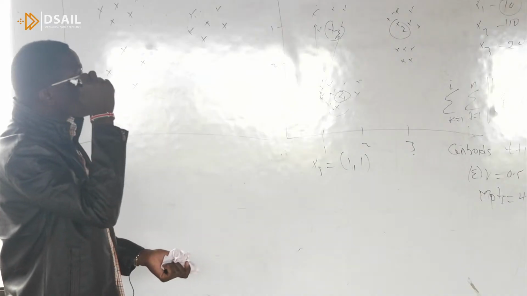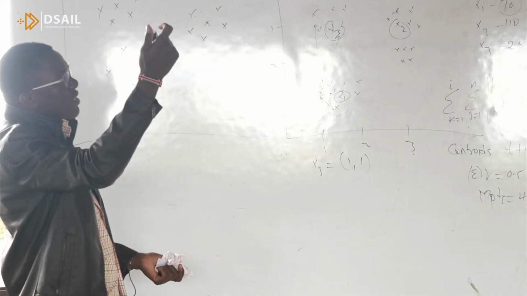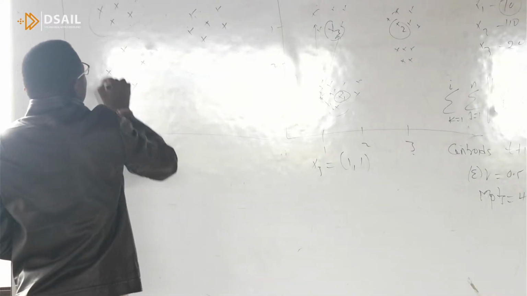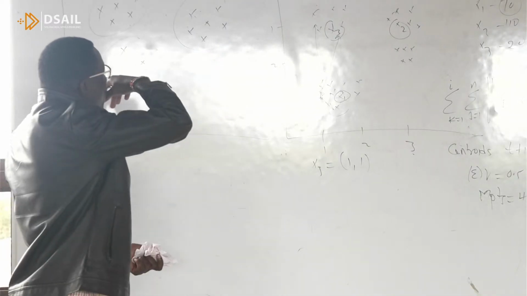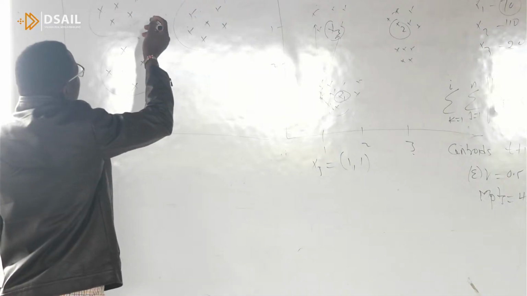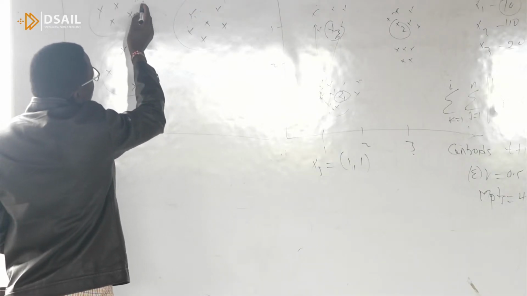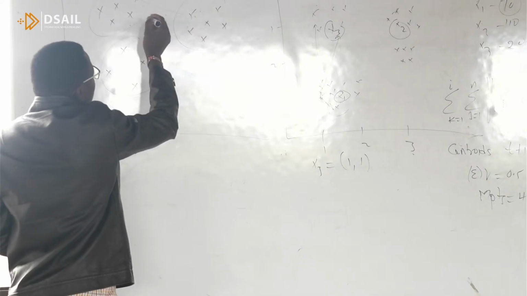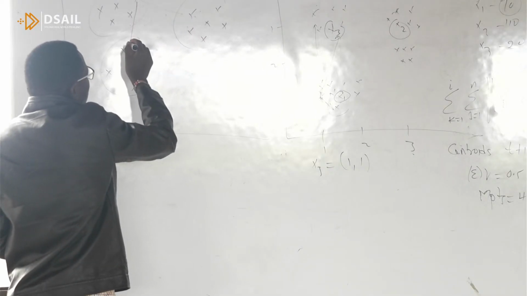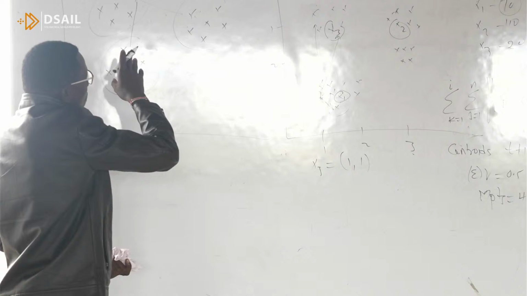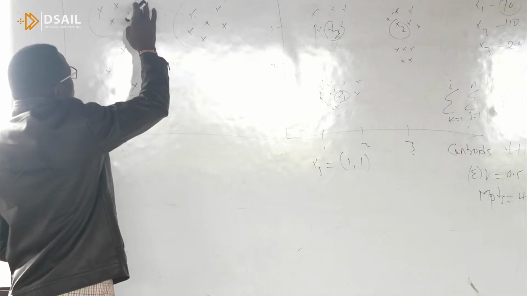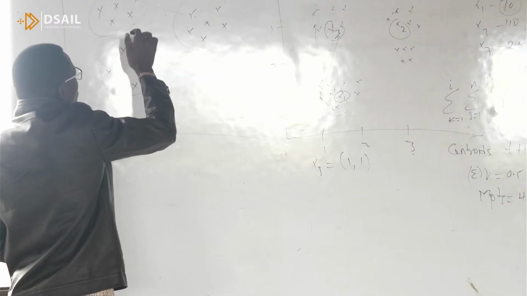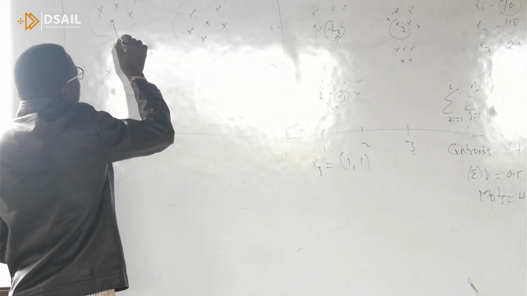Single linkage simply measures the distance between two closest points in respective clusters. If you have this as one cluster and this is another cluster, I'm picking this point and computing this distance and this particular one. This one would be too far, so we choose the closest ones like that.